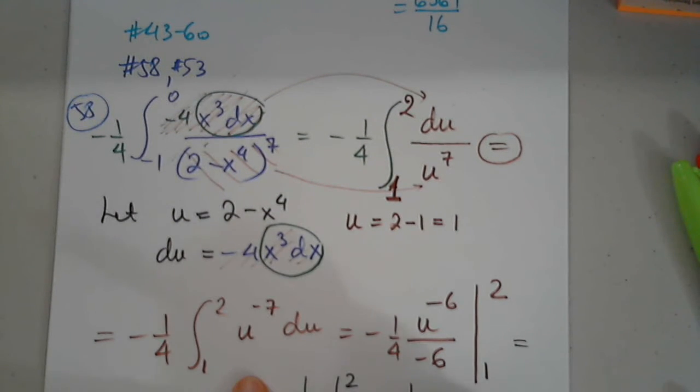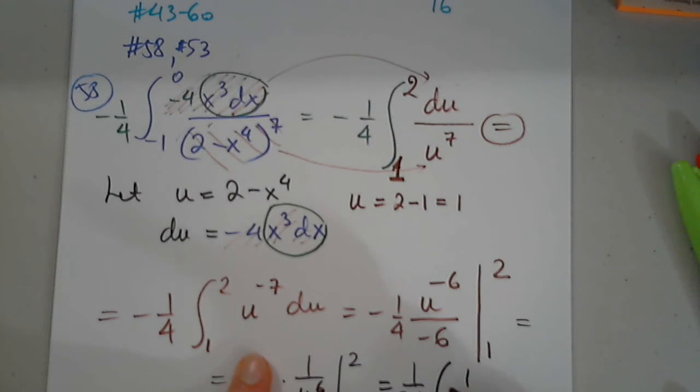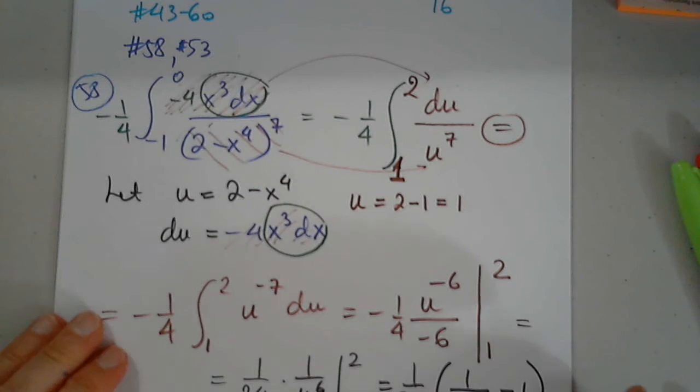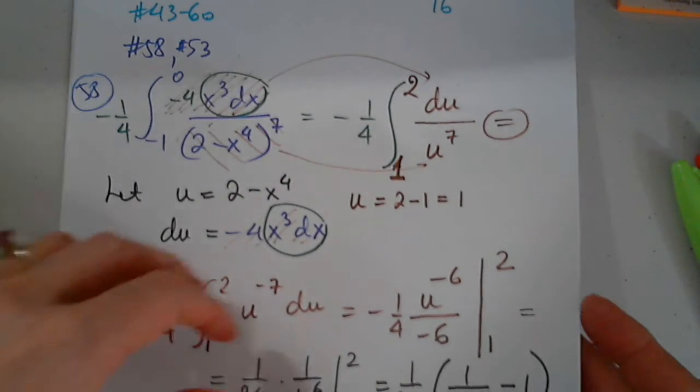Please leave the constant outside. Do not bother with it. And write 1 over, plug in 2, 2 to the 6th, minus when we plug in 1, that's 1. Always leave the constant outside. It's always easier. And now the final answer.